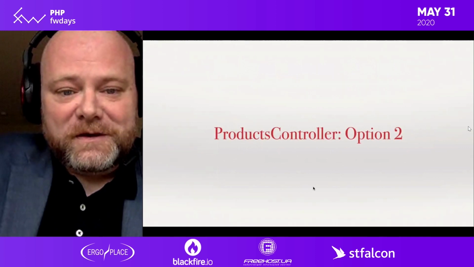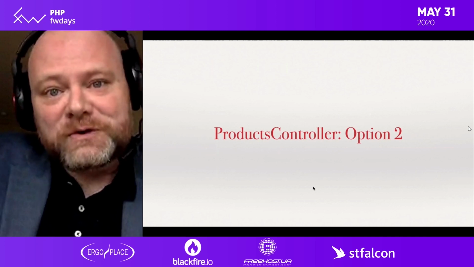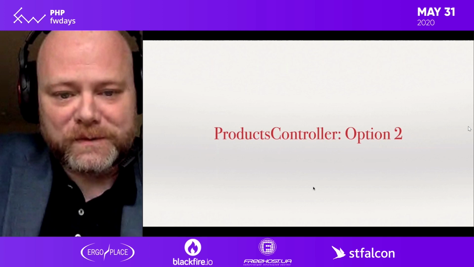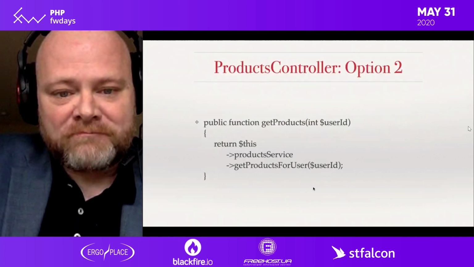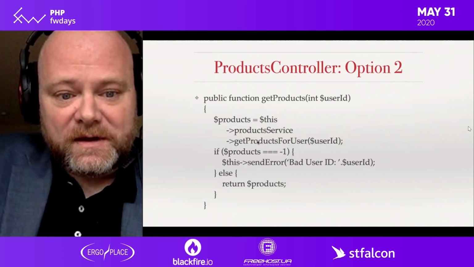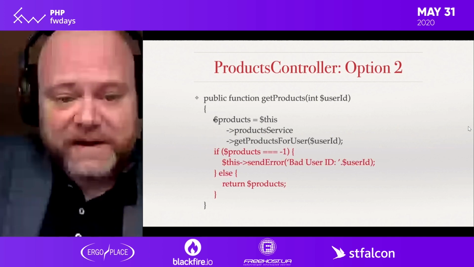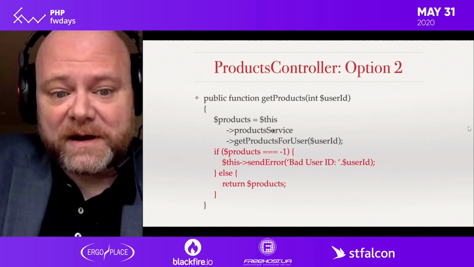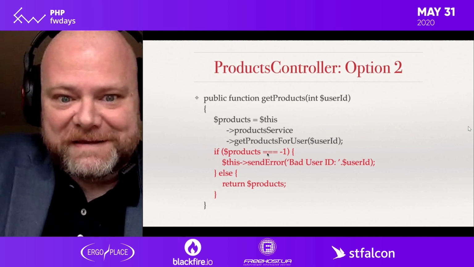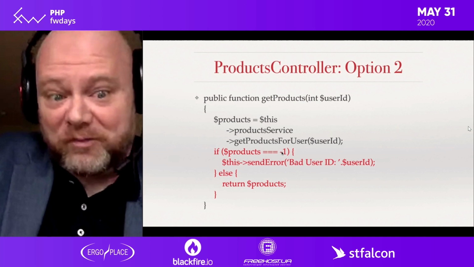Okay. So now let's go with option two. In option two, we're going to try to handle this error condition in the controller code. So we're going to take this code here and we're going to augment it like this. So now first we retrieve the products. The first thing is we get the products, and then we see if the value of products is literally -1 instead of being an array of products, right?